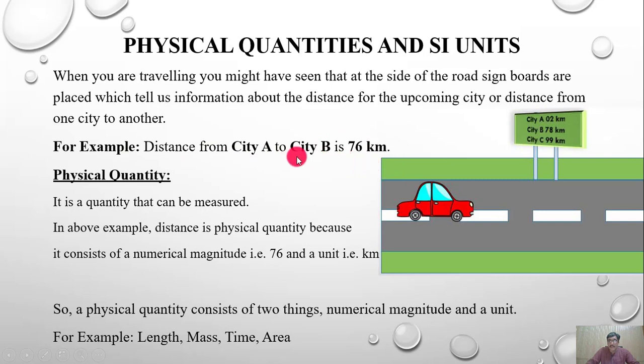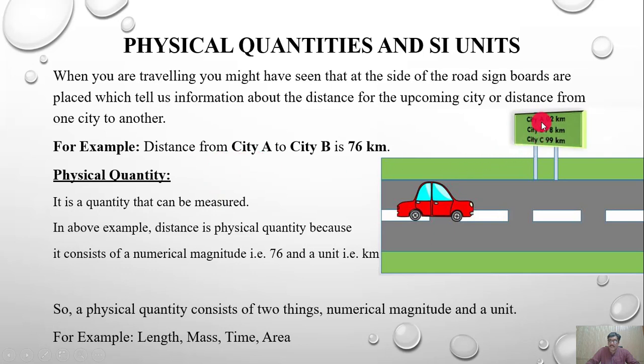It is talking about the distance from city A to city B, not from this location. When this car reaches city A, from that city onwards to city B, you will have how much distance in between? 76 kilometers. So a physical quantity is a quantity that can be measured. Distance can be measured.